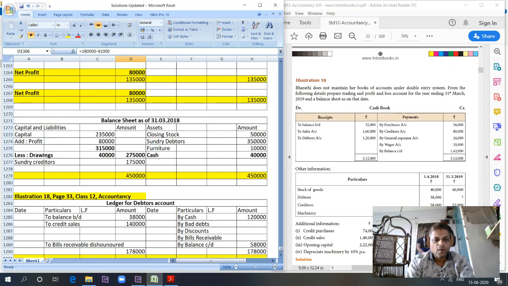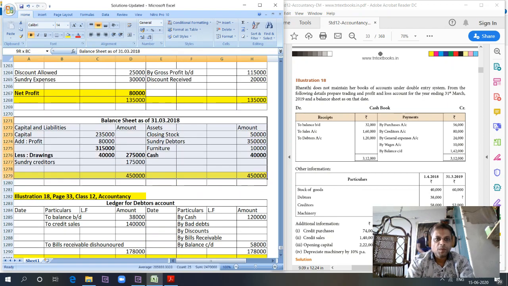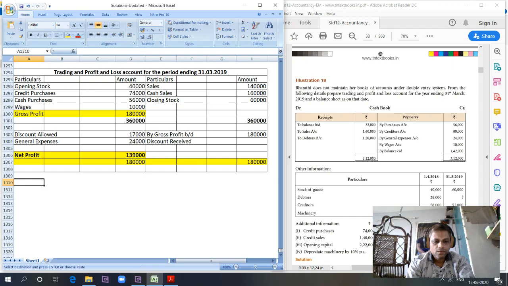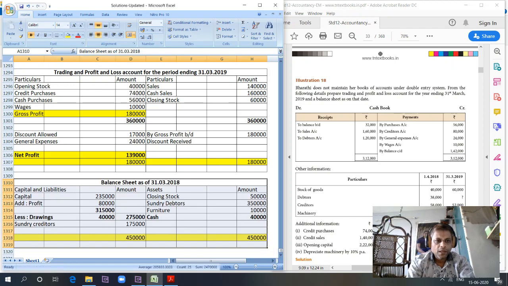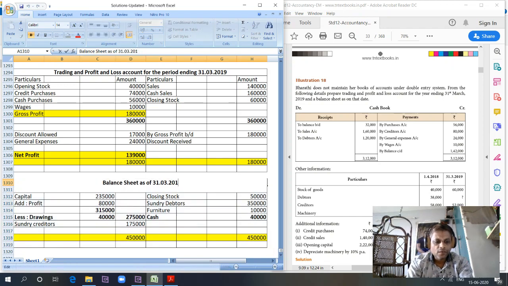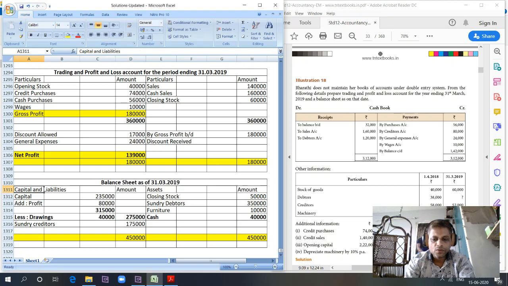So let's prepare a balance sheet now. Copy the format. Balance sheet as of 31st March 2019. So what is the opening capital we have? 2,22,000. What is the net profit we have? 1,39,000.